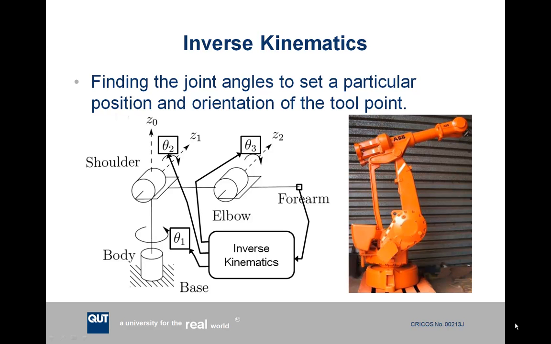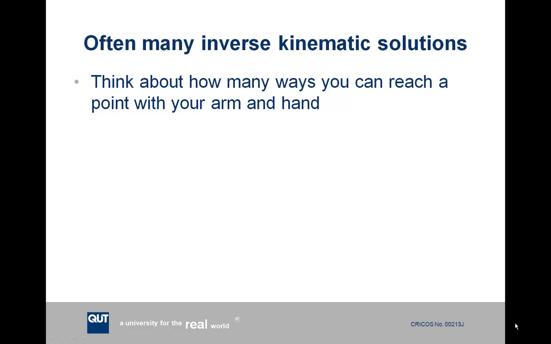One of the big differences between forward and inverse kinematics is that forward kinematics usually has one distinct solution. So if you set all the angles of your joints for a robot arm to certain values, then usually there's only one particular position that your tool point will be in. Inverse kinematics, however, is quite different.